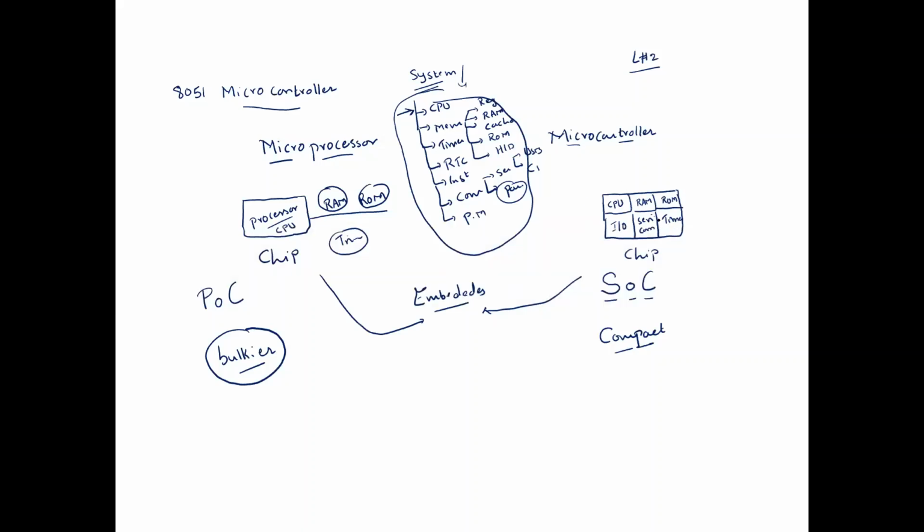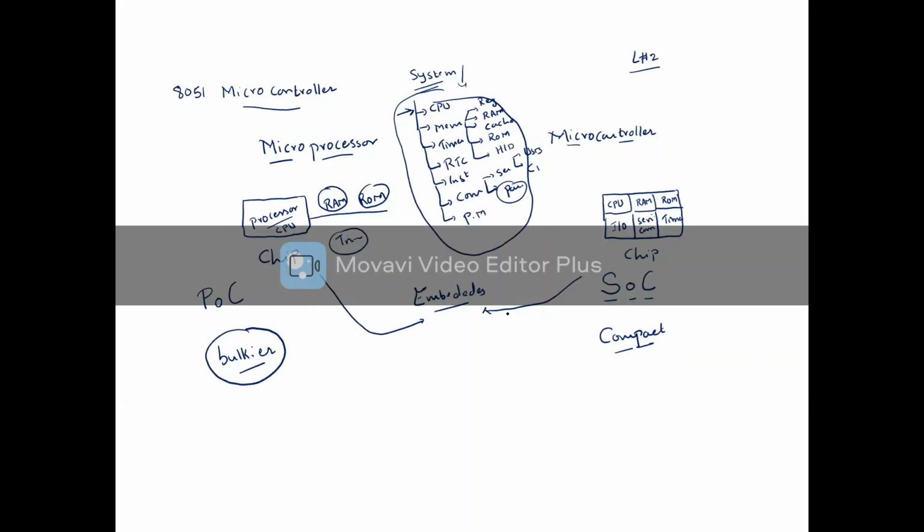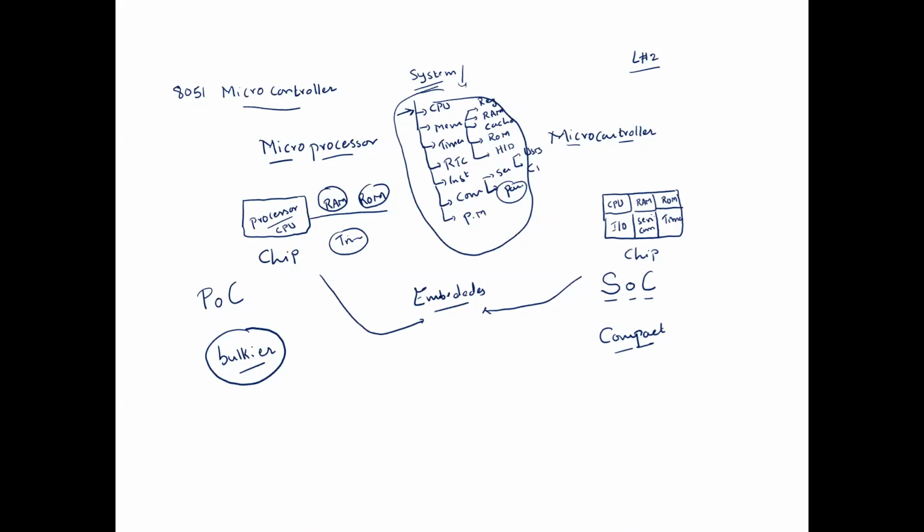So this becomes very compact, right? That is the reason why we prefer embedded systems with a microcontroller. But don't think that embedded system means microcontroller. Don't treat embedded system as equivalent to microcontroller. We can develop an embedded system using a microprocessor as well as a microcontroller.